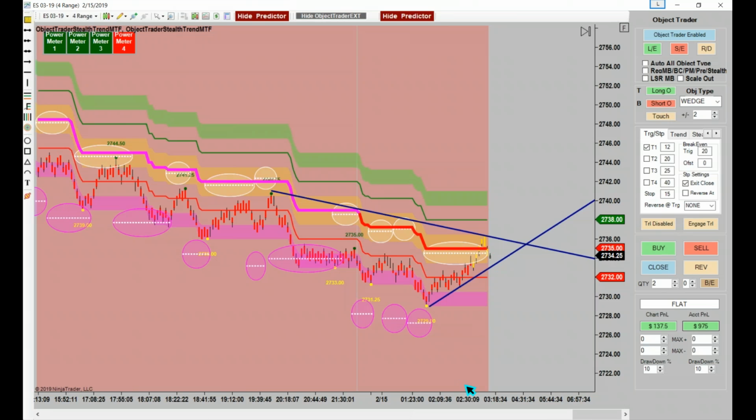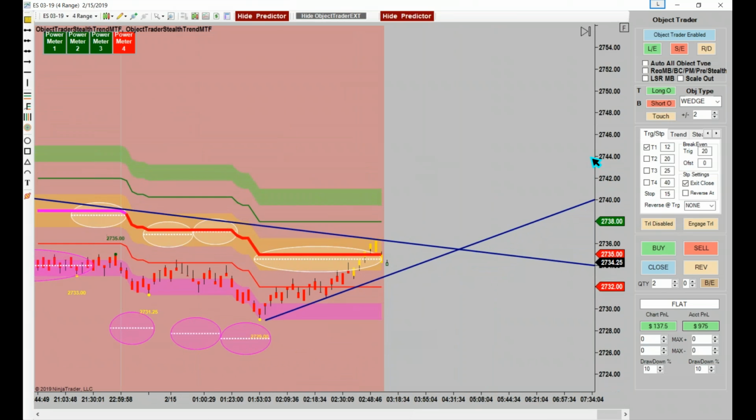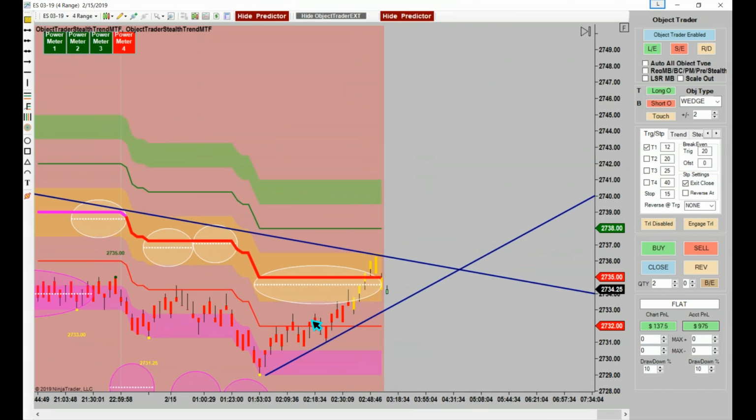Now, if I was to draw this as a box, the way I'm seeing this stair-stepping up, where is the identified swing on this chart? It's right here, right across here. And I don't personally like to short something that's stair-stepping up. It needs to start stair-stepping down. Okay, it hasn't done that.